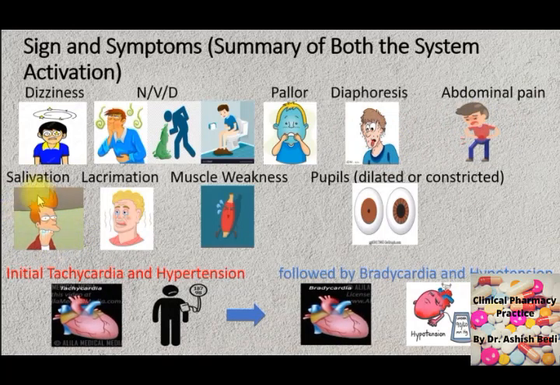And from salivation you can understand the cholinergic system: when the parasympathetic system or cholinergic system activates, we can see salivation. So you can correlate your concepts that salivation could be possible due to a high dose of nicotine.